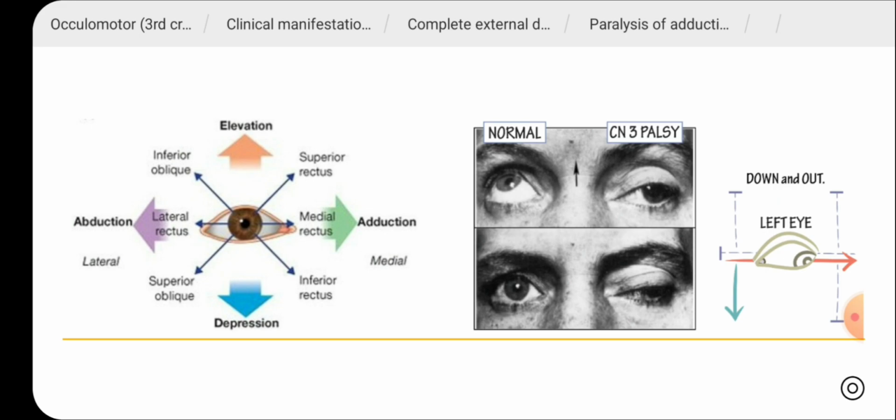So, in a patient with oculomotor nerve palsy, there's unopposed action of the lateral rectus and superior oblique extraocular muscles. Then, in the affected eye, the patient's gaze is towards downwards and outwards, as you can clearly see in this image.